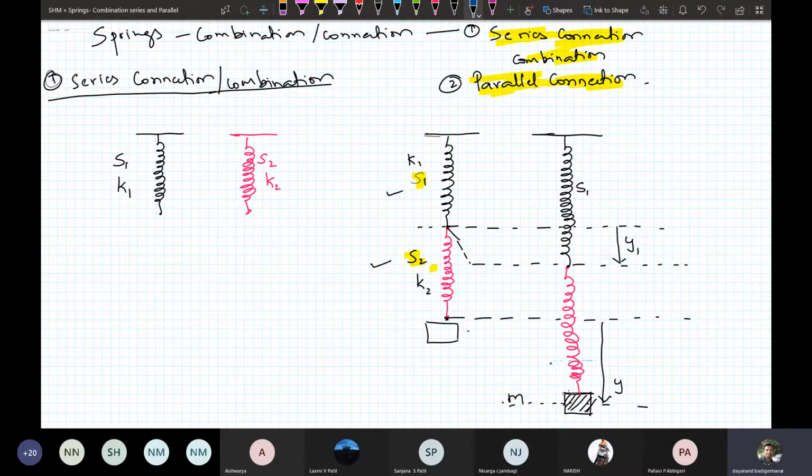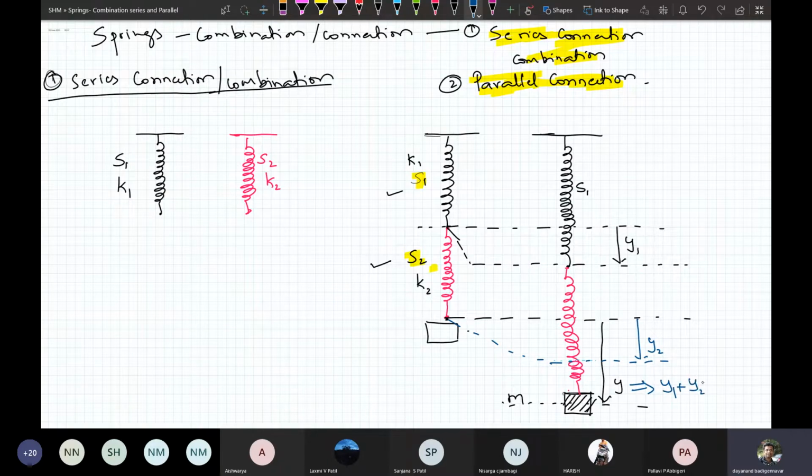This is Y2, the extension Y2. Therefore, the total displacement of the spring is the sum of the extension Y1 plus the extension Y2. You are getting the point.